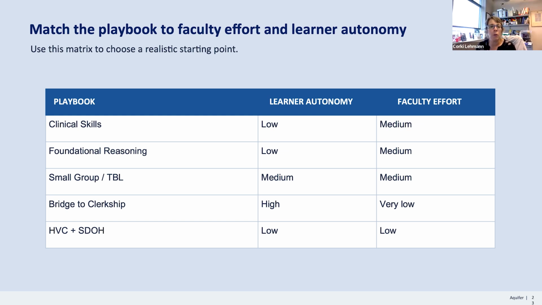You just say, hey, those are the ones we're doing, go at that, or I'll review the ones you did. Good enough. The high value and social determinants of health playbooks use quick modules. That playbook, I think, would be pretty easy to put into place quickly and easy for the learners too. So think about those things as you're putting them into place.